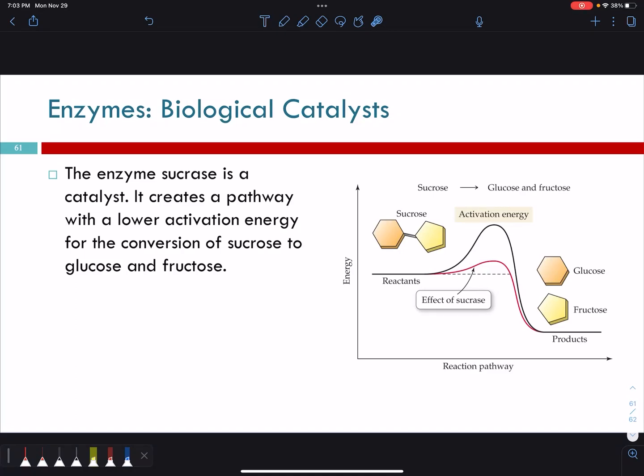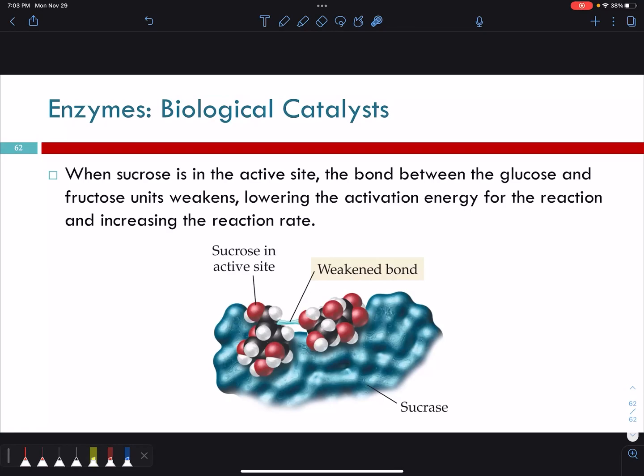So the enzyme sucrase is a catalyst, and it creates a pathway with a lower activation energy for the conversion of sucrose to glucose and fructose. So a lot of times what these biological catalysts do is they hold different parts of the molecule in the ideal positions for the reaction to take place.